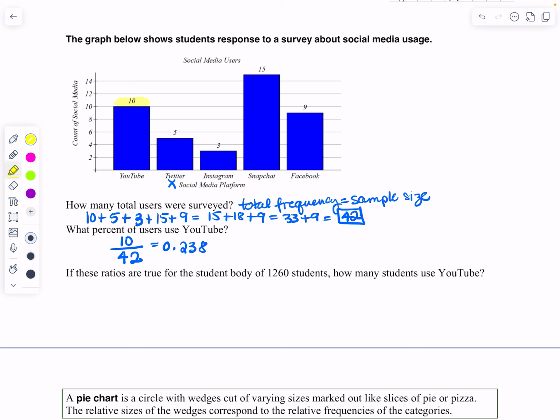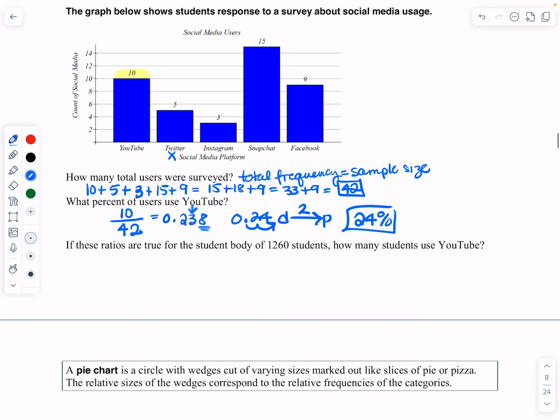Again, I'm going to round this to the hundredths place, so I look behind it. 8 is bigger than 5, so I'm going to have to round up. So I'm going to round this to 0.24, and now I'm going to change this decimal to a percent by moving the decimal point 2 places to the right. So 24% of users used YouTube.